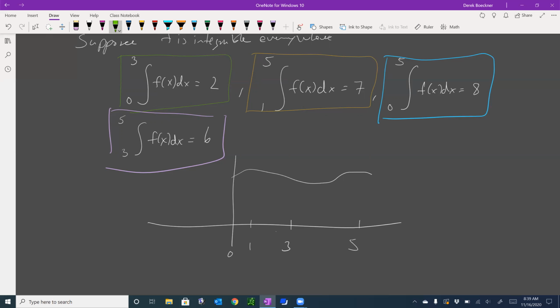Okay, 0 to 3. That area is 2. Yellow, 1 to 5. That area is 7. Blue, 0 to 5.